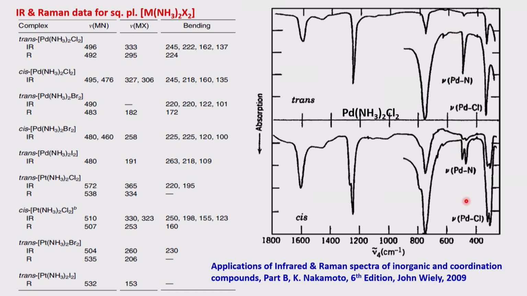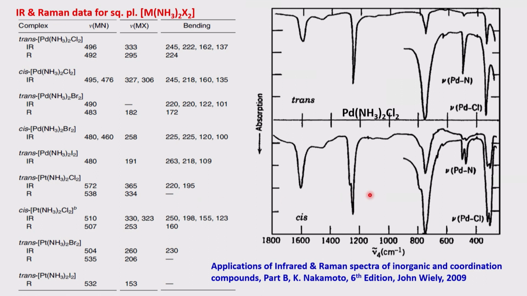Why? Because cis is less symmetric than trans, in very rough terms without going into the point group and other things. So that is where each of the bands is further split into two parts. The palladium nitrogen band, the palladium halide band, you can see this also in other bands as well.